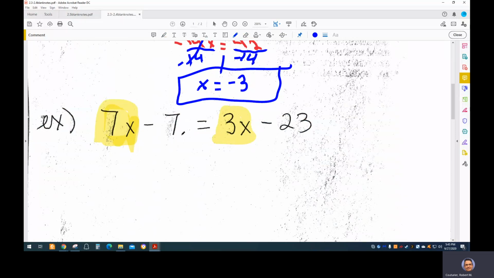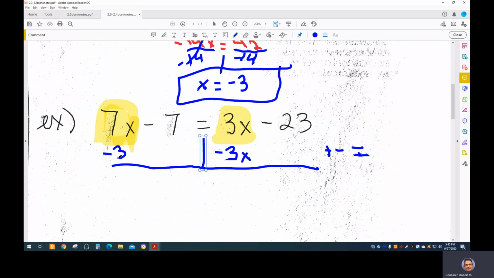So if we look here, we've got positive 7x on one side and negative 3x on the other side. We can use the rules of math, our properties, the addition, subtraction property of equality. If we don't want something on one side, we're allowed to move it. We want to make it go to this side, so we can subtract 3x.